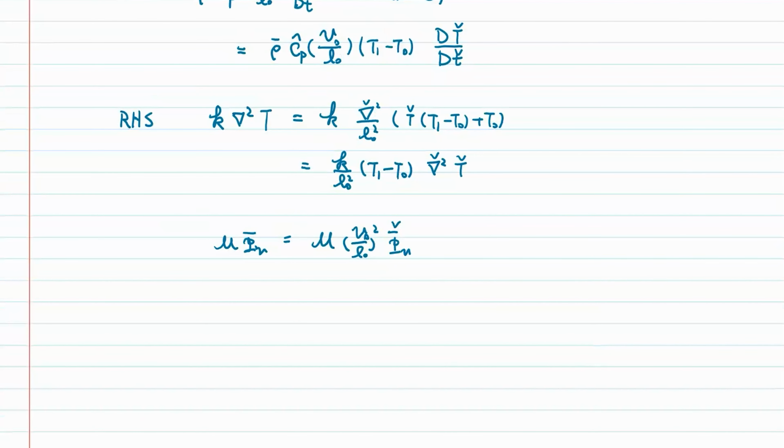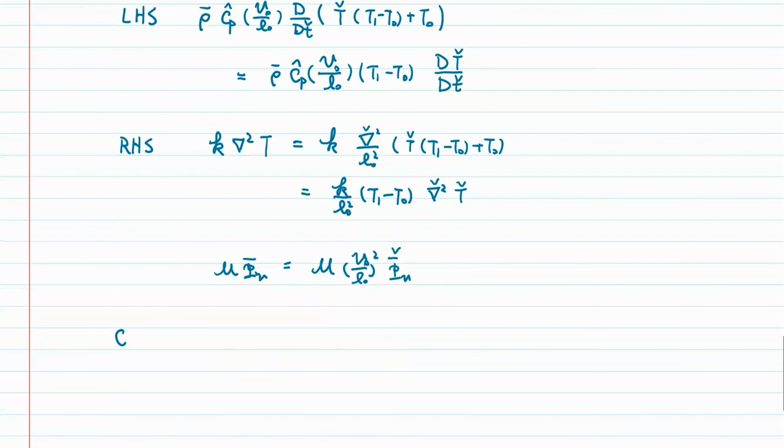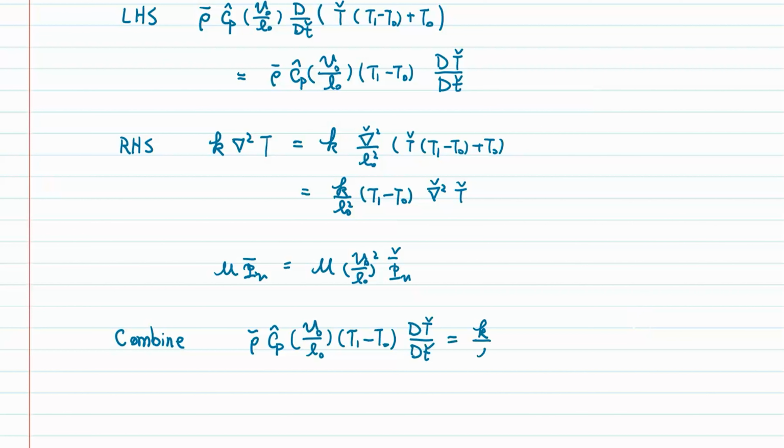So if we combine everything together, we have rho Cp V naught over L naught times T1 minus T naught, D dimensionless T over D dimensionless t equals K over L naught squared T1 minus T naught, the dimensionless Laplacian of dimensionless temperature, plus mu times V naught squared over L naught squared, dimensionless shear stress tensor.